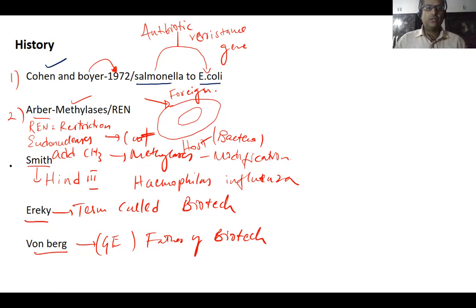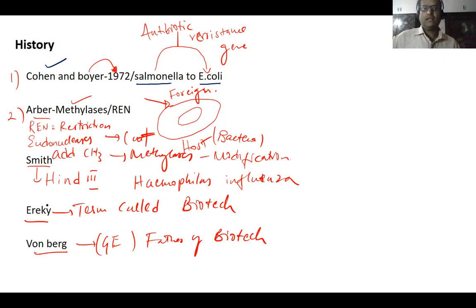Next, the second point: the person named Arber, who also made an experiment on a foreign infectious thing entering into the bacteria.